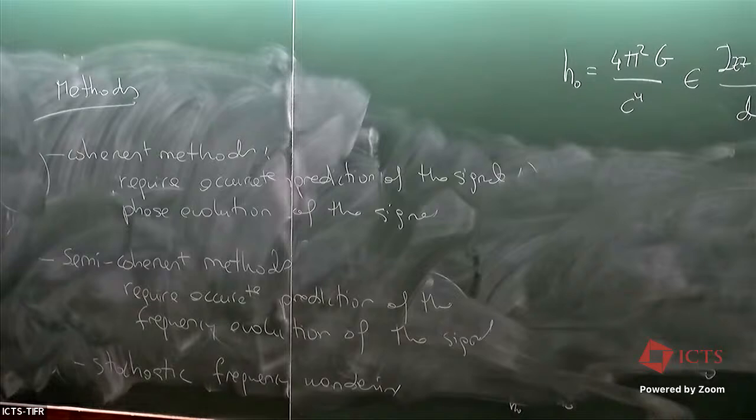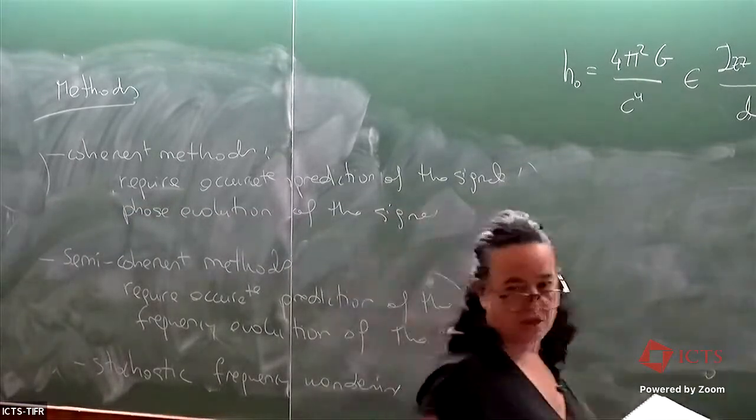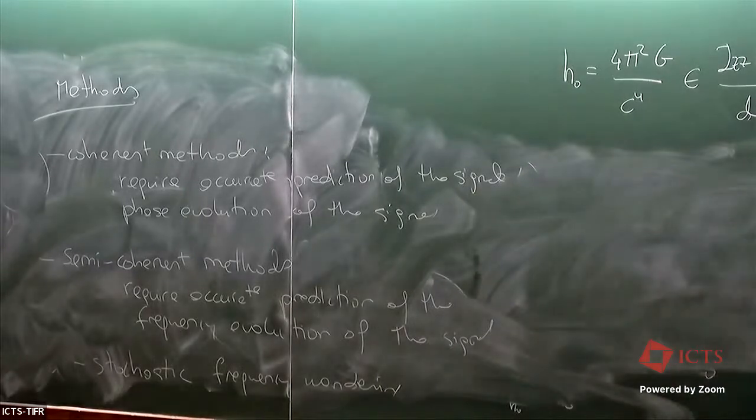Of course, if we know what we are looking for, it's easy to find. And the sensitivity of the searches basically depends on what we know about them, and also their computational cost.